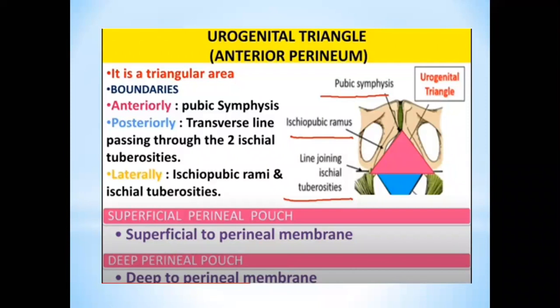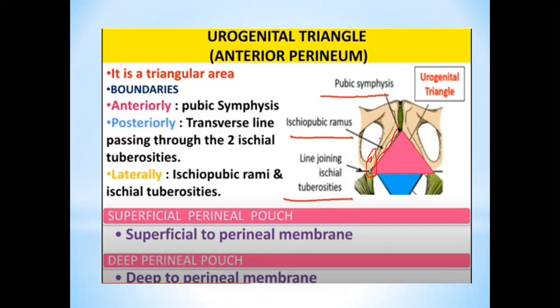Now, laterally, this is the ischiopubic ramus and the ischial tuberosity. So this part is the ischial tuberosity, and this is the ischiopubic ramus. So it forms the lateral boundary of the urogenital triangle.